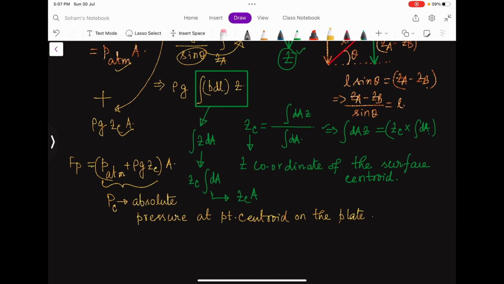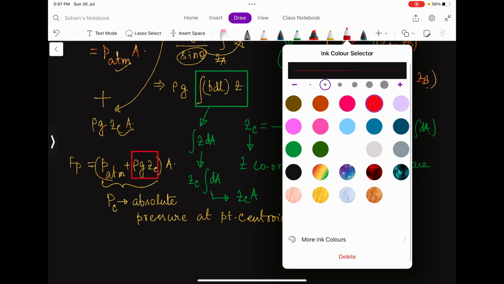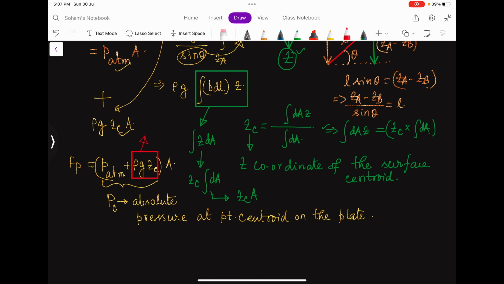Fine. Now this term, look very carefully, this term is nothing but absolute pressure P absolute at C minus P atm. Okay, so that is the gauge pressure P gauge at C, the centroid.